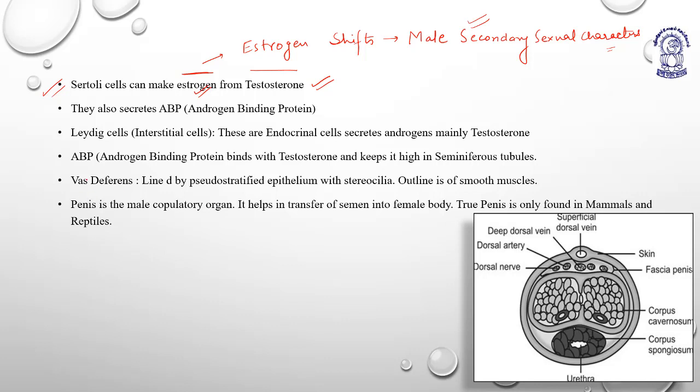Now coming to the next, they also secrete androgen binding protein. What is this androgen binding protein? These proteins attach to androgens, and one of the most important androgens is testosterone.